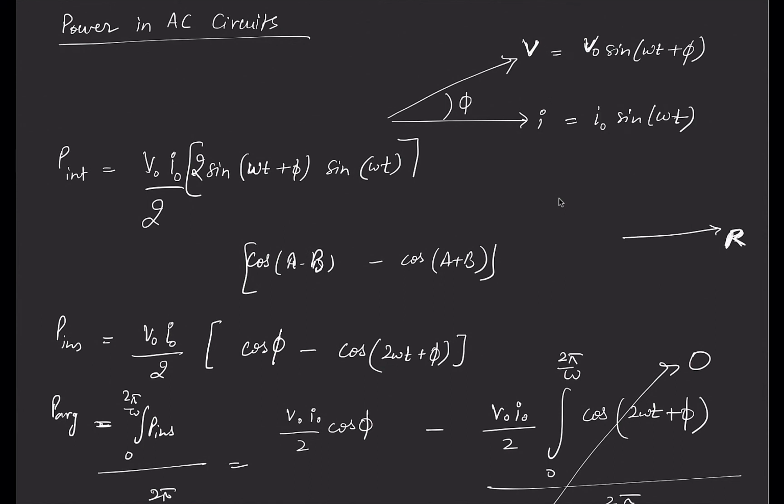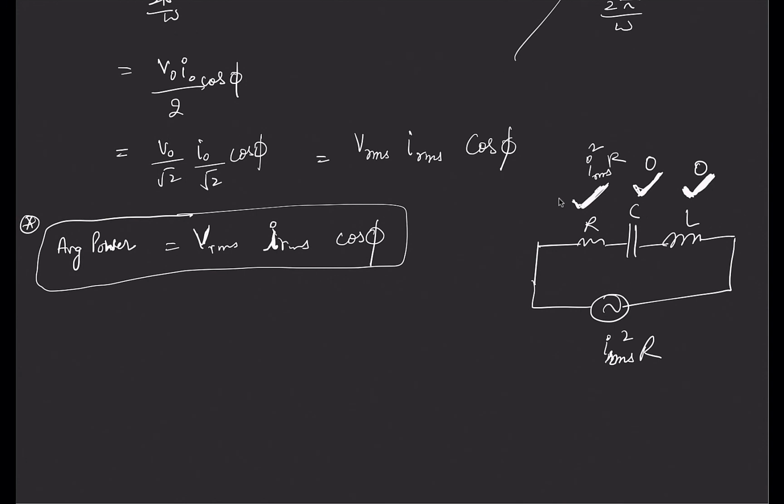And V is always in the same phase with the net impedance Z, because whatever the direction of the Z, which is the net impedance, is the direction of V. So angle between Z and R is same as angle between instantaneous voltage and I. So since angle between Z and R is phi, because current is always in the direction of R and voltage net direction, or you can say angle, would be the same as the angle of impedance Z, net impedance Z.